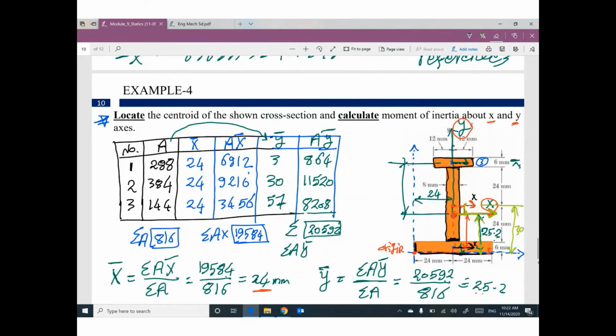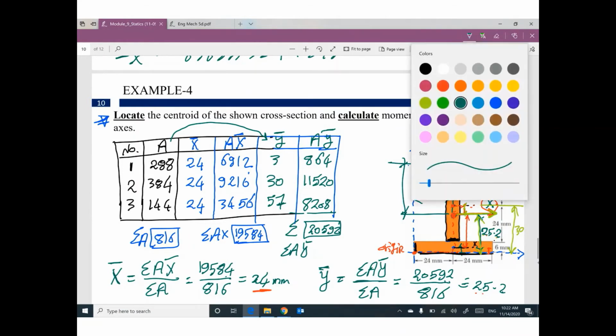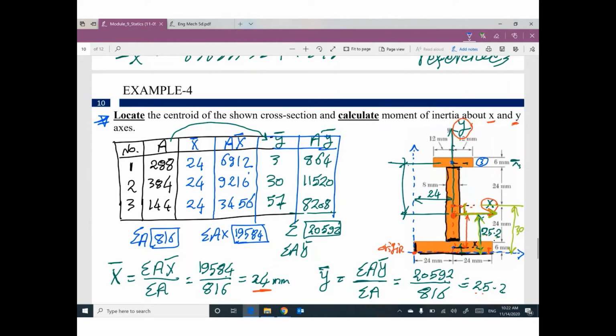So please forget what you did for each part. I will assume for part number 1, we have here y-axis at this centroid. So parallel to y will be 6 times 48 cube over 12.